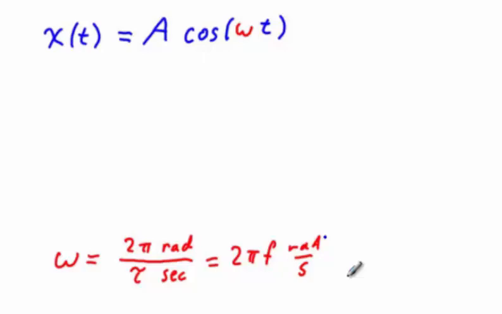The one that is most natural to the system is omega, and that's why this is the one we keep in most of our equations. However, you may be asked for period, in which case find omega, and then use this equation. You may be asked for frequency, in which case find omega and use this equation. Or you might be given period or frequency, and your first step should be to convert this to an omega.